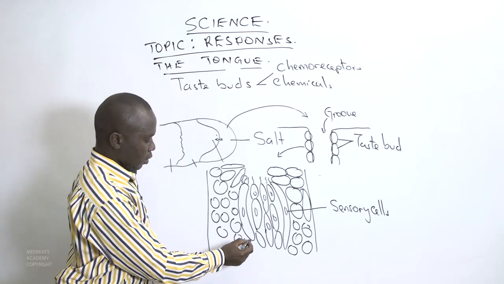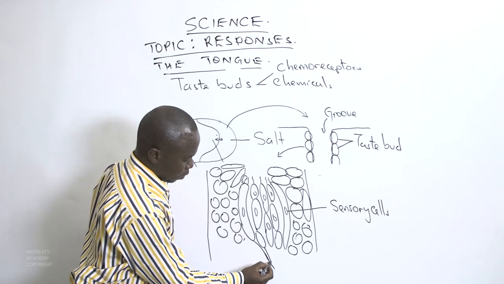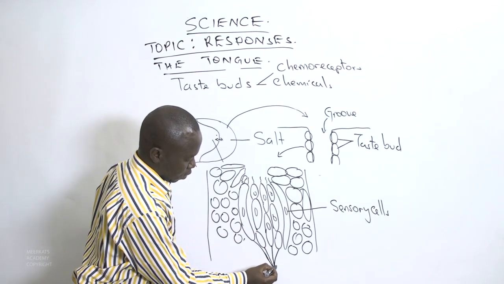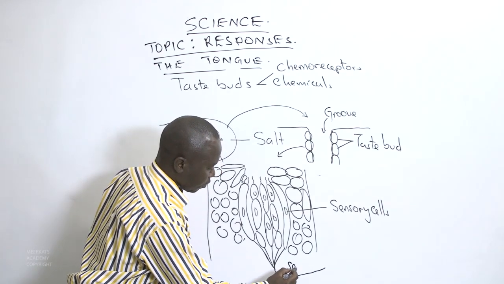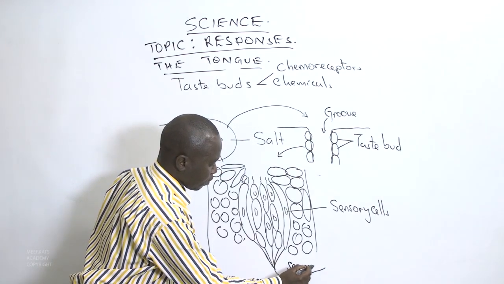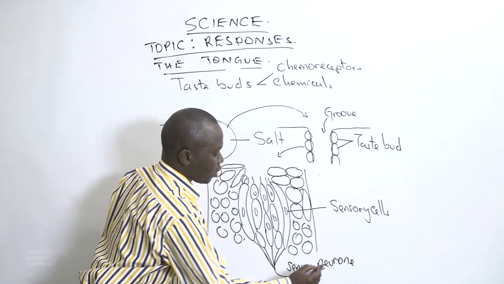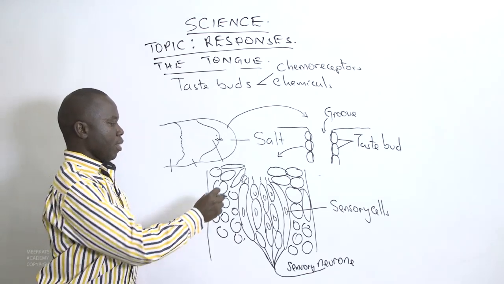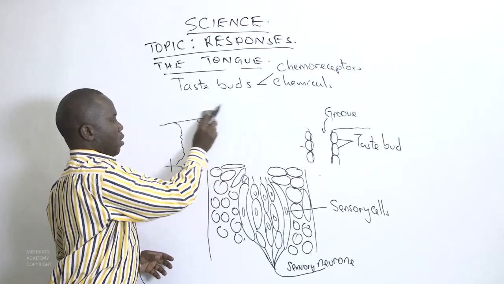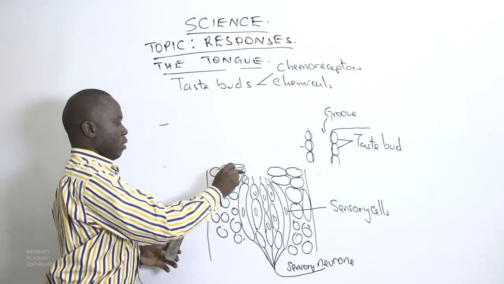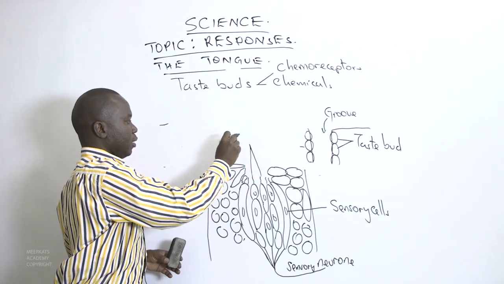These sensory cells usually are joined to sensory neuron. And then in this part we have hairs.